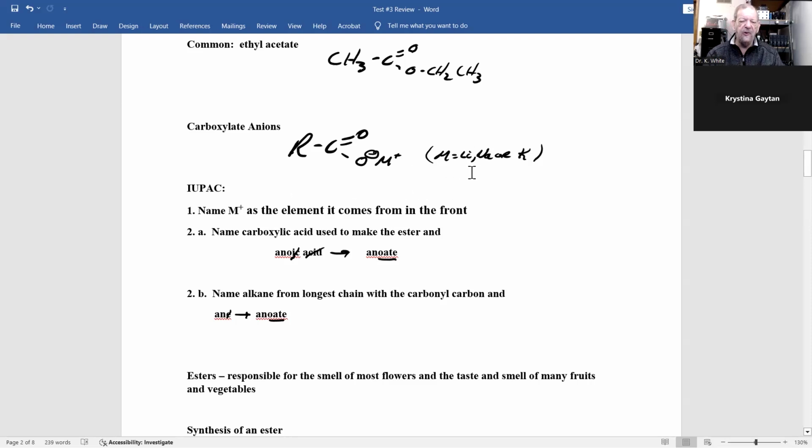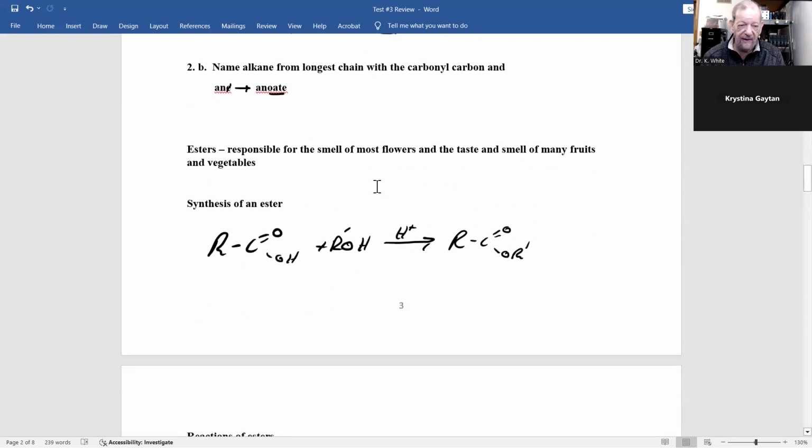If M plus was lithium, you'd put lithium, or sodium or potassium. And then part two, you can either use A or B, just like the ester. Now, esters are responsible for the smell of most flowers and the taste and smell of many fruits and vegetables. Next time you smell a banana or taste it, you're tasting an ester.